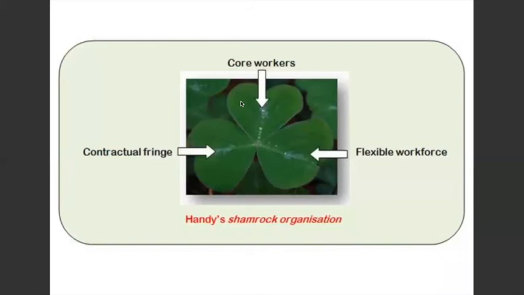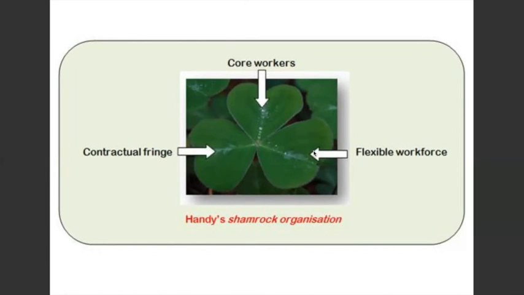First are the core workers, which consist of full-time experienced staff needed for the organization's operations and its general survival. On the left, there is the contractual fringe, which are individuals that a business hires on a contract basis to do specific tasks, such as an advertising campaign, for example.